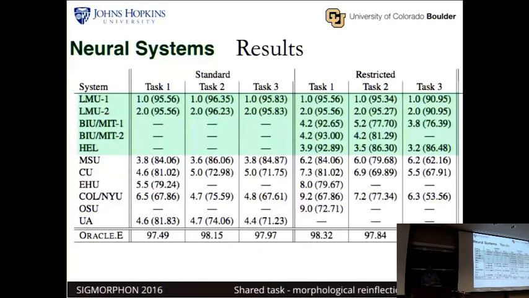In particular, while we tried not to give people too much data to train from, 12,000 forms is still a decent amount. So it's interesting what might happen in a really low resource scenario where we give people very few forms to learn from, especially since we know that neural networks tend to be data hungry to get optimal performance. To see what comes out there, maybe stay tuned for future shared tasks in a similar vein as this one.